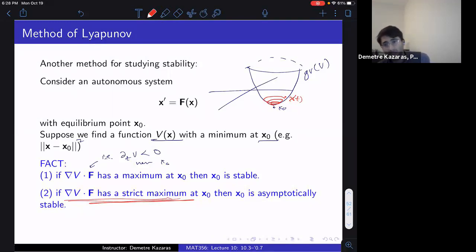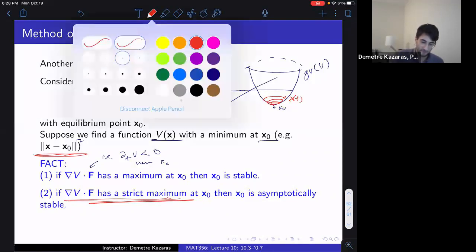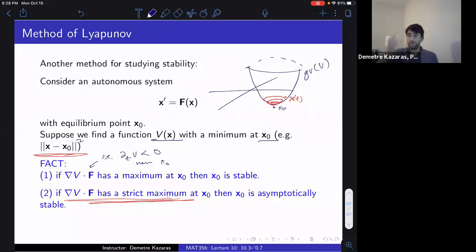So this method of analyzing equilibrium points is kind of more flimsy in the sense that V doesn't necessarily have very much to do with the differential equation. V will almost always be something like this, just the distance to whatever critical point you're looking at. So it's a little bit flimsy in that sense, but it's more flexible because you don't need to exactly find a Hamiltonian or something like that.